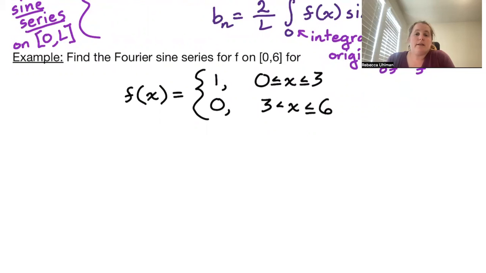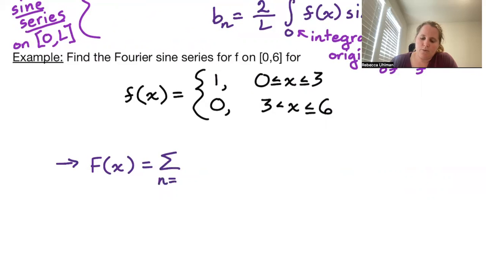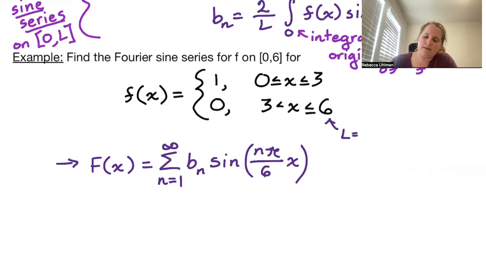So for our Fourier sine series, we have that f of x is equal to the sum from n equals 1 to infinity of b sub n times sine of n pi over 6 x. Again, our L is 6.